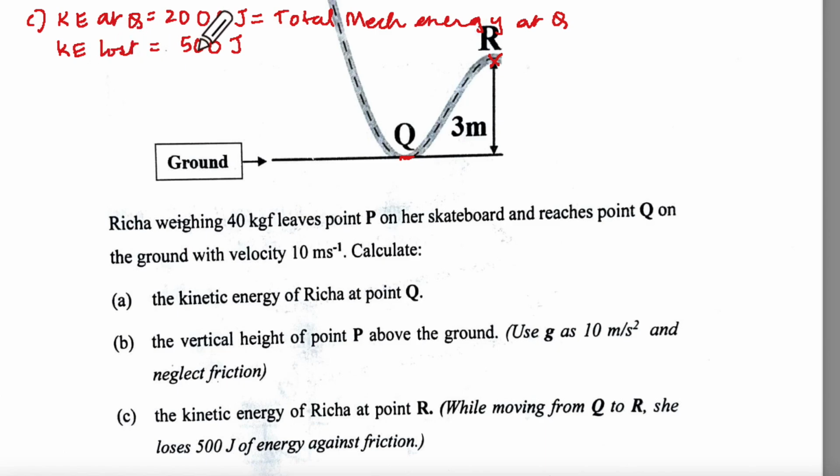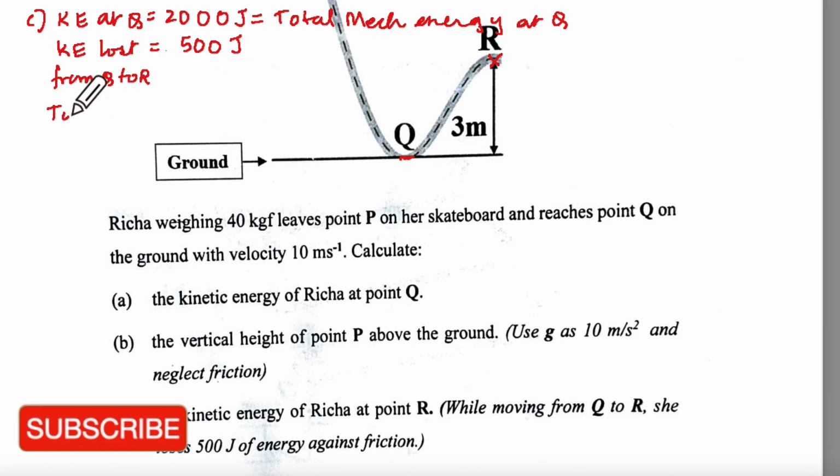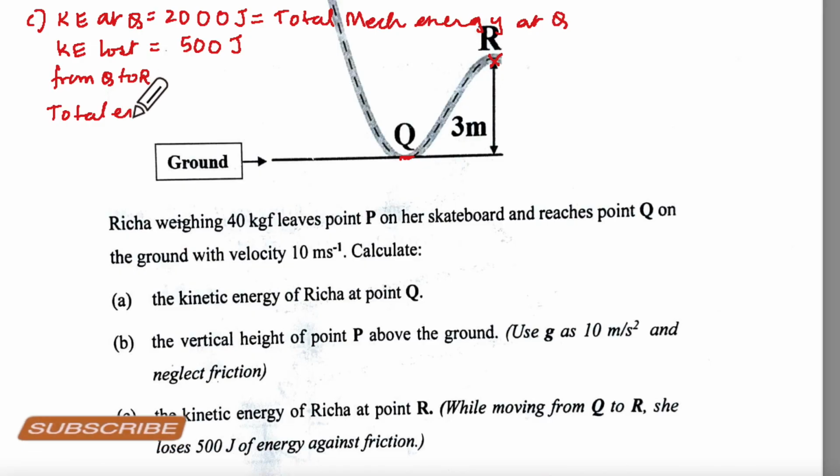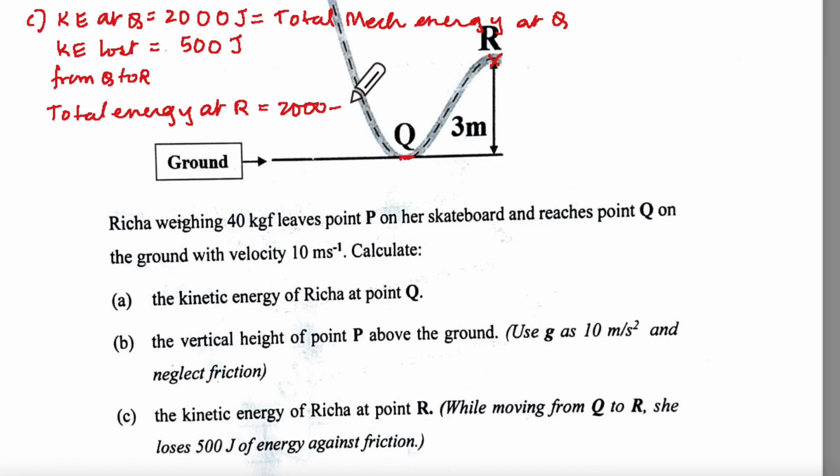Now kinetic energy lost from Q to R is 500 joules. So the total energy at R should be 2000 minus 500, which is how much? 1500 joules.